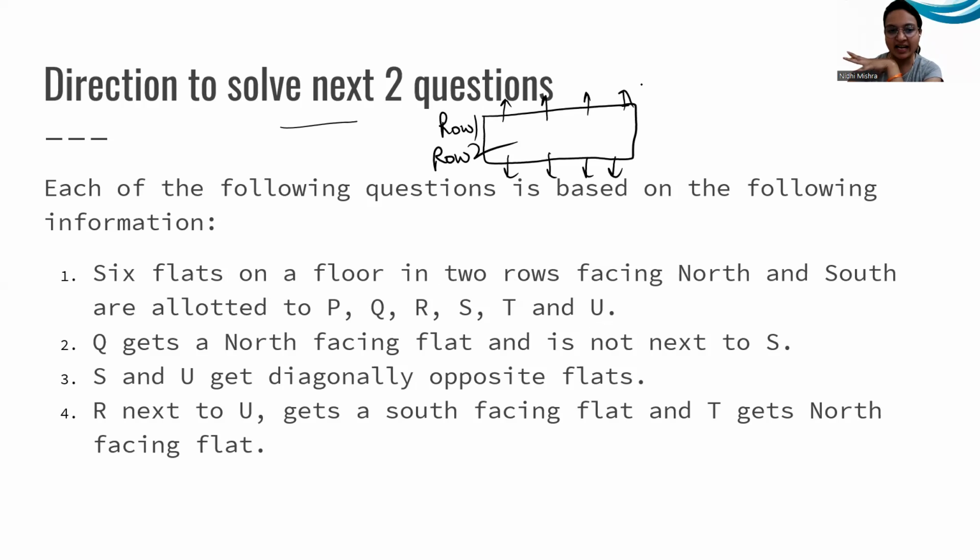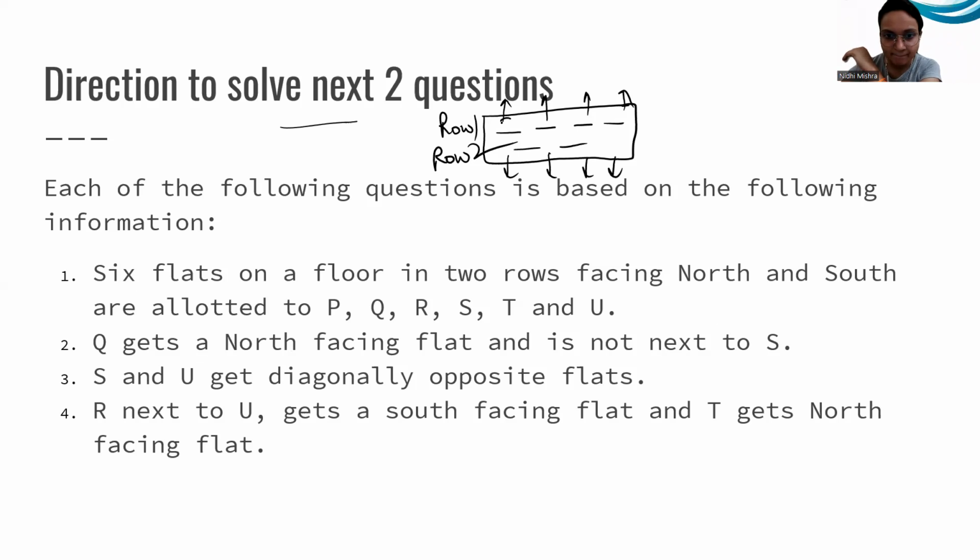There are 6 flats, but I don't know how many flats are in row 1 and row 2. Let me take it as 4 and 2, and I will understand in the next. Q gets a north facing flat and is not next to S. S and U get diagonally opposite flats, so one of S and U is in the north facing row and the other in the south facing row.